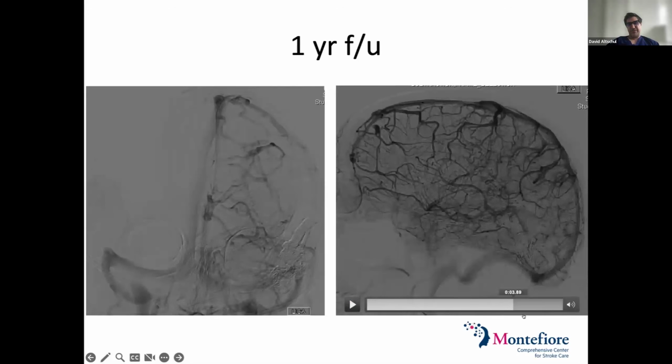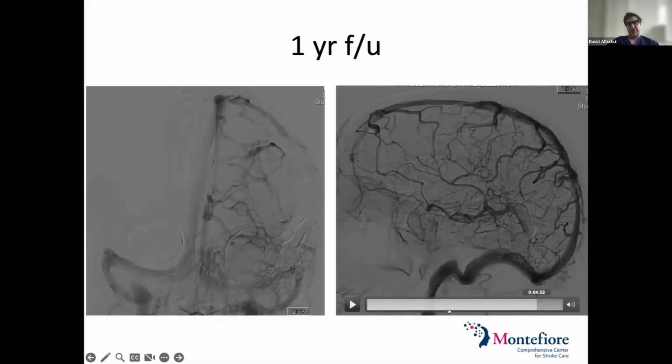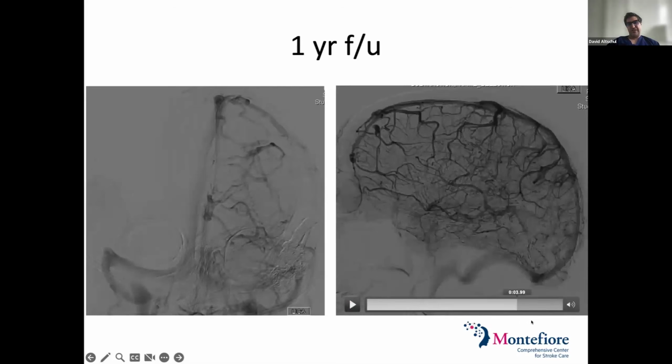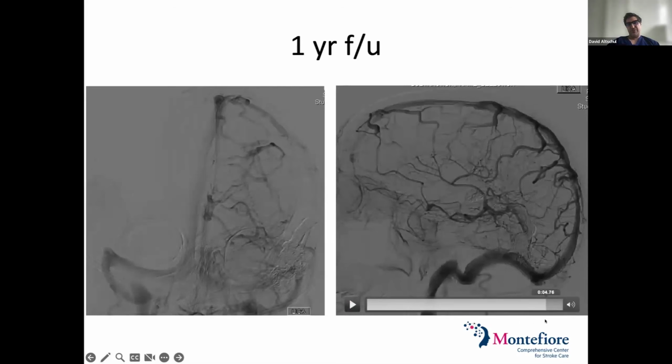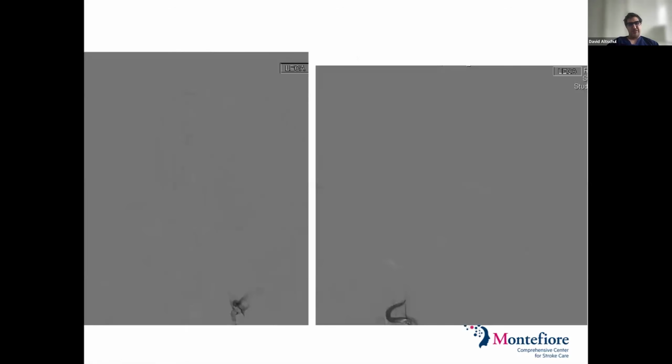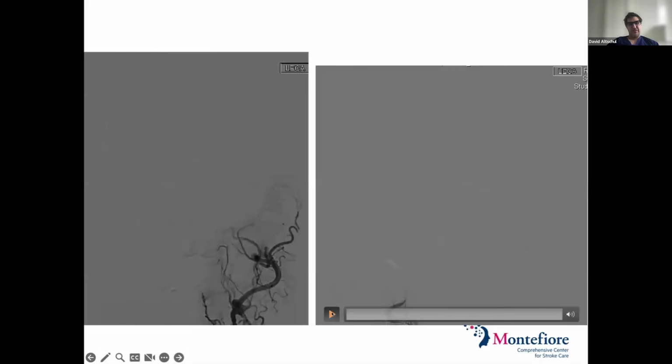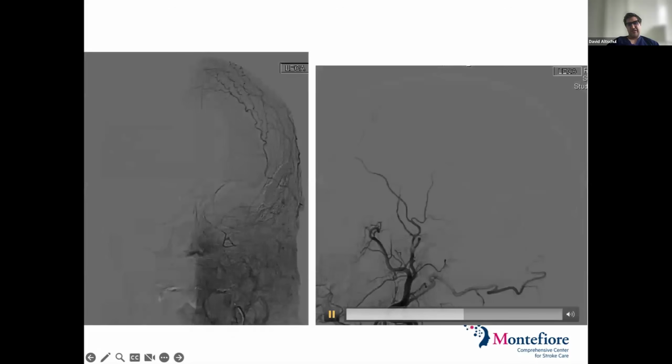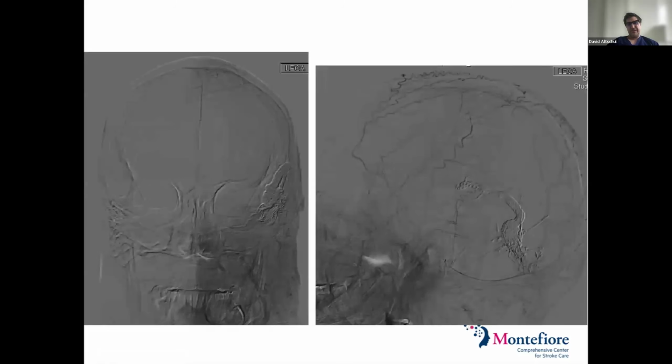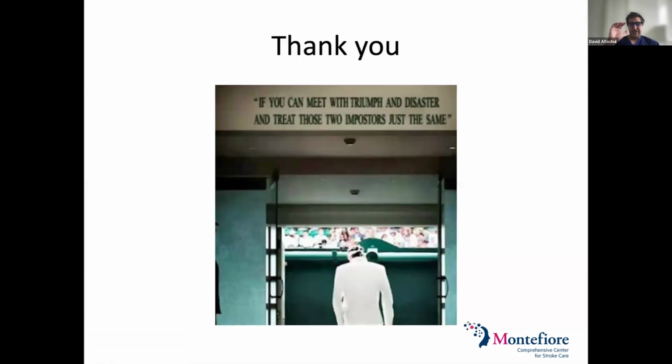But as far as the actual pial supply and the general brain congestion, it's seemingly much improved compared to a year ago. ECA looked good as well. So far he's doing well, and I think we're going to keep watching that before doing anything else.